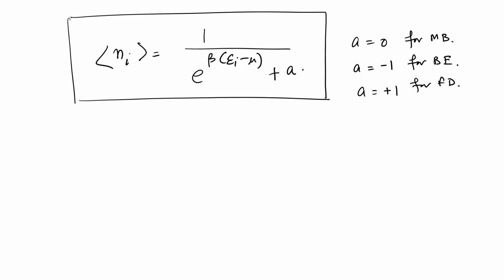Now, these epsilon I are the single particle states, and we are talking about a non-interacting gas or non-interacting system. So, the epsilon I's actually take values from 0 to infinity, and mu has to be greater than 0. Okay. So, that is an important thing that is additionally required.